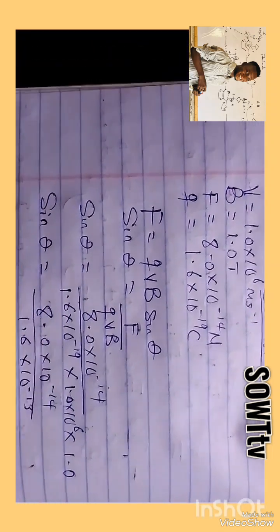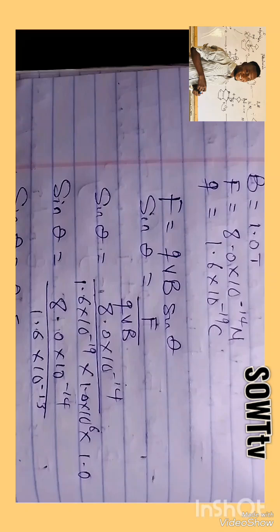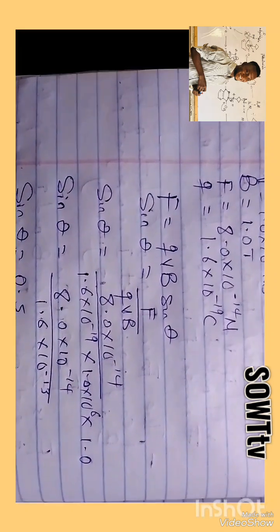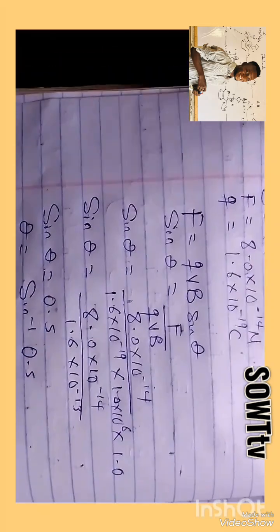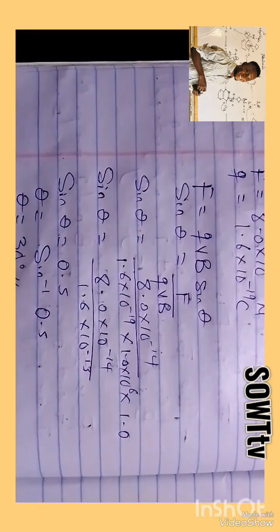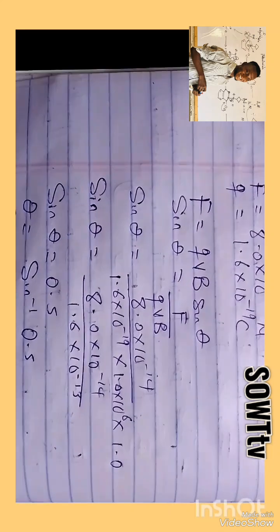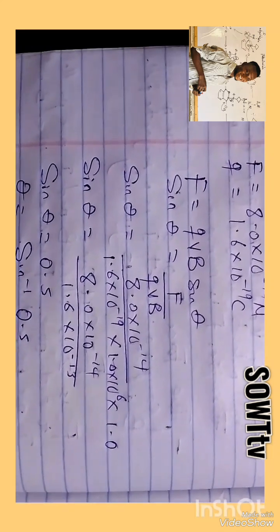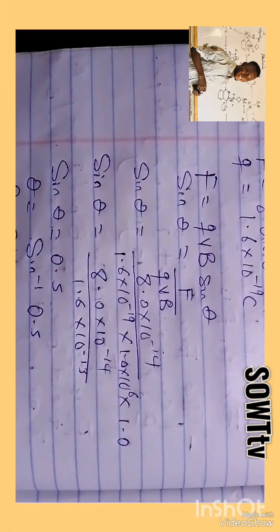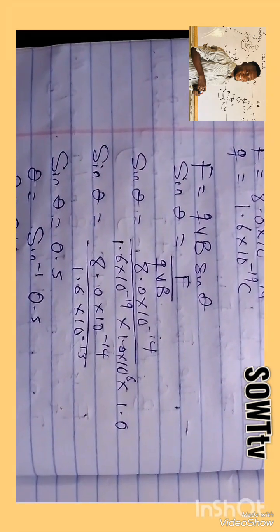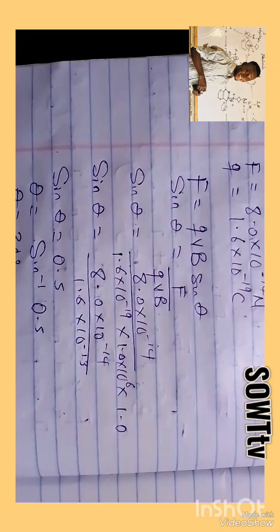Going by the formula, F equal to QVB sine theta, we make sine theta the subject of the formula. Then we have it to be F over QVB. We substitute our parameters: 8.0 times 10 to the power minus 14 over 1.6 times 10 to the power minus 19 multiplied by 1.0 times 10 to the power 6 multiplied by 1.0.